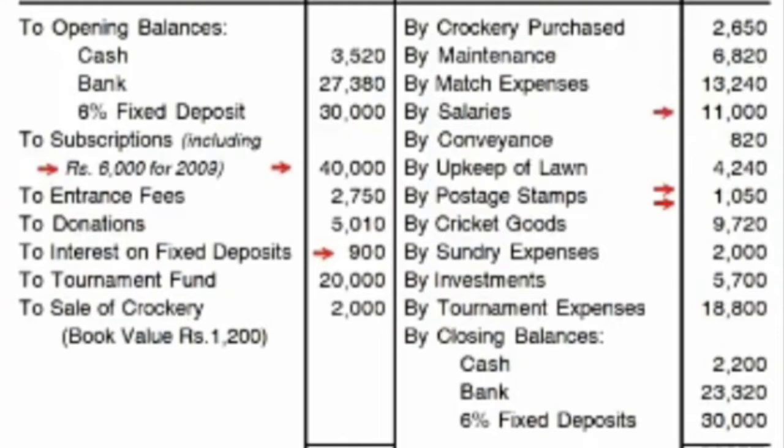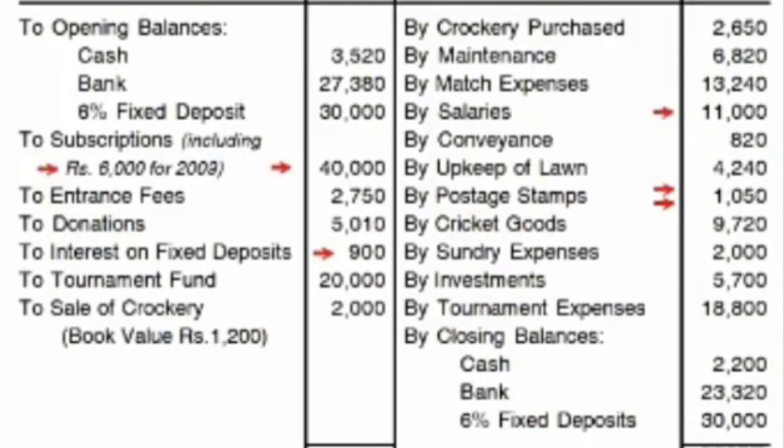That means this 6,000 is the outstanding of last year, right? So we need to deduct this outstanding amount 6,000 from 40,000. So the current year amount is only 34,000. That means 40,000 minus 6,000. So that we can record here in the income and expenditure account.